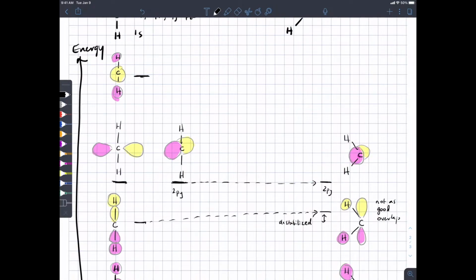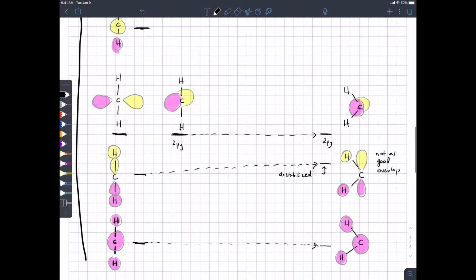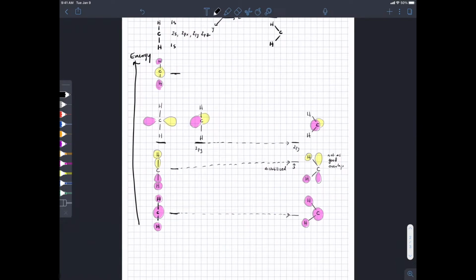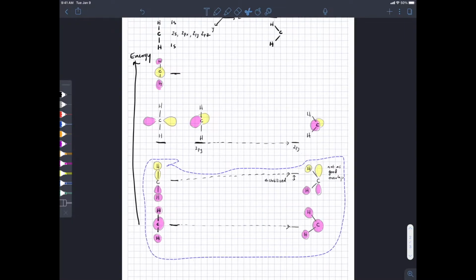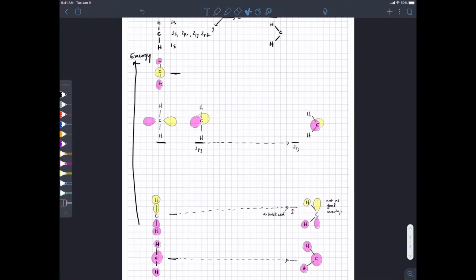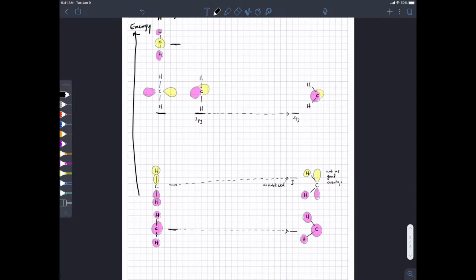In contrast, here's where I'm going to need some space because I needed some room for things to be stabilized. So I'm going to cheat. I realize you can't do this in your notes, oh well. In contrast, the 2pz orbital, once we distort from linear to bent, suddenly we introduce a new overlap that we didn't used to have.